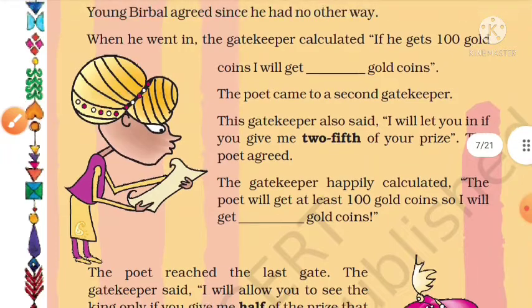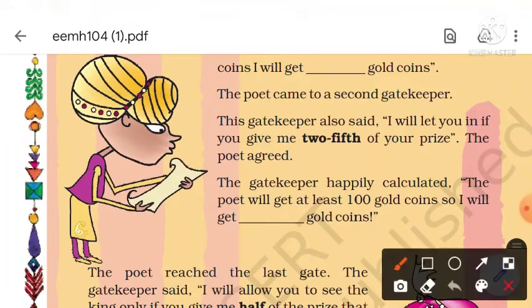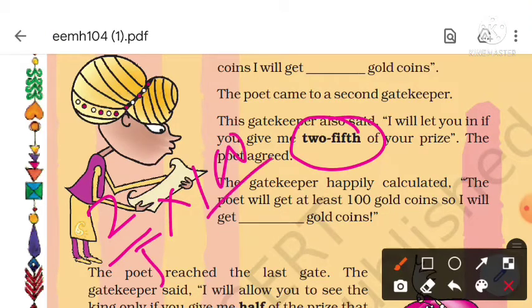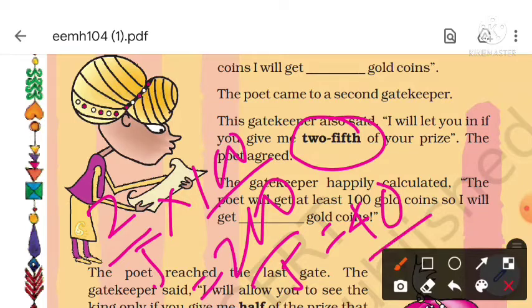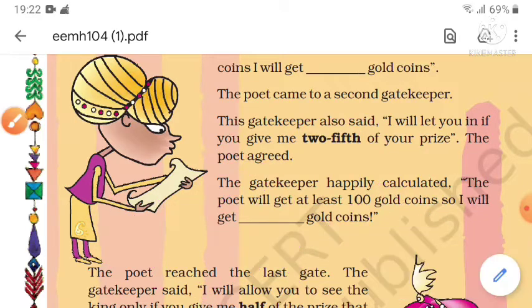The gatekeeper happily calculated, the poet will get at least 100 gold coins, so how many gold coins will I get? 2/5 of 100. So what will it be? It will be 200/5, that means 40 coins. So the next gatekeeper thought that he would get 40 gold coins.